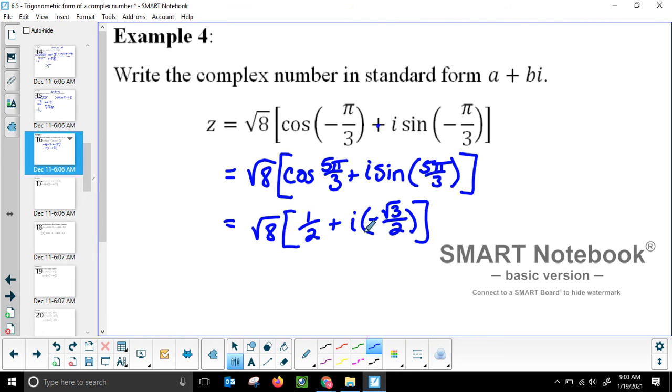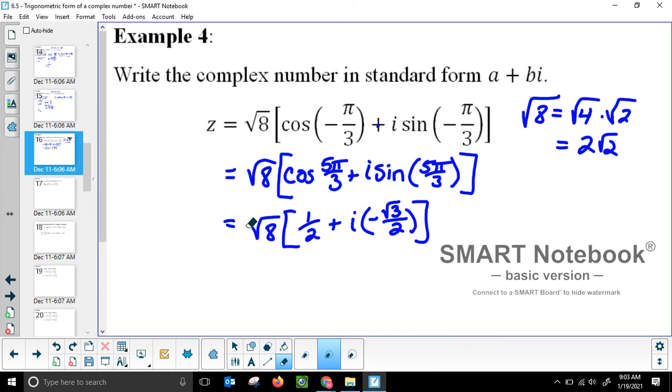Well, now we just go ahead and distribute this square root of 8. All right, do be mindful that the square root of 8 is equal to the square root of 4 times the square root of 2, which is equal to 2 square roots of 2. All right, so I'm going to think of this as 2 square roots of 2.